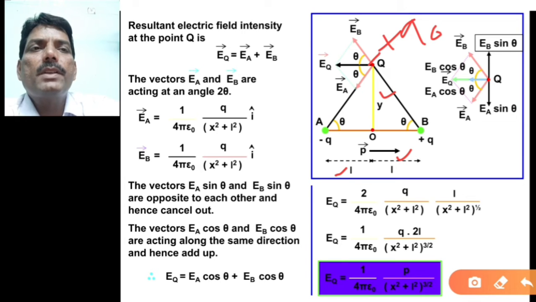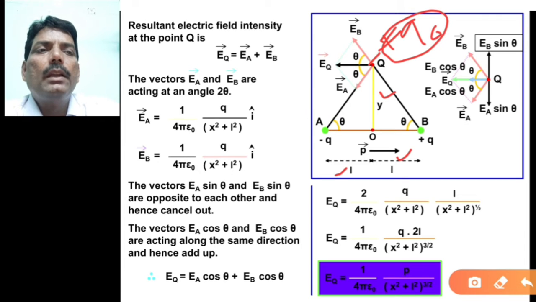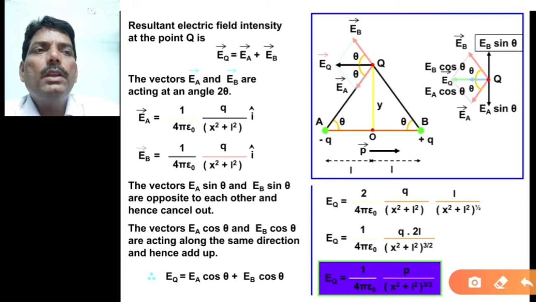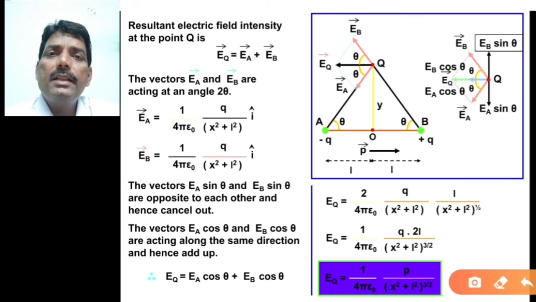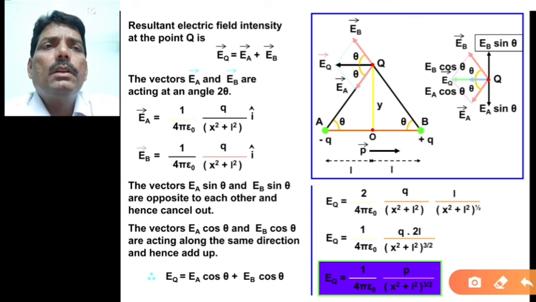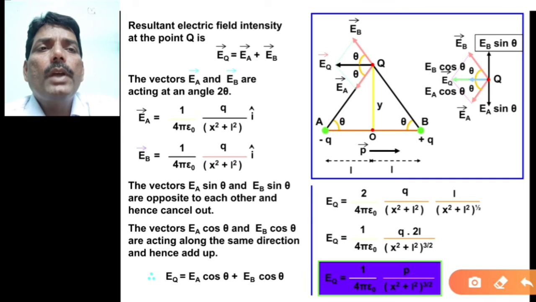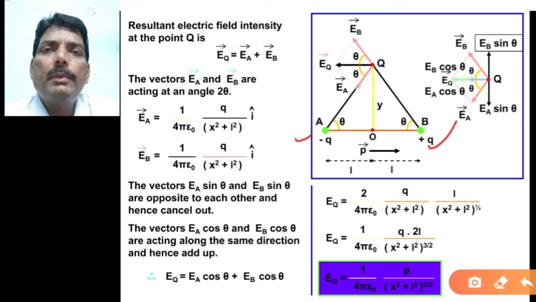That means from the center, the point Q or test charge is placed on an equatorial line. Now I want to find the electric field intensity at this particular point on the equatorial line. So students, how to find that? Now you have these two charges, minus q and plus q, or you can say a dipole is there.